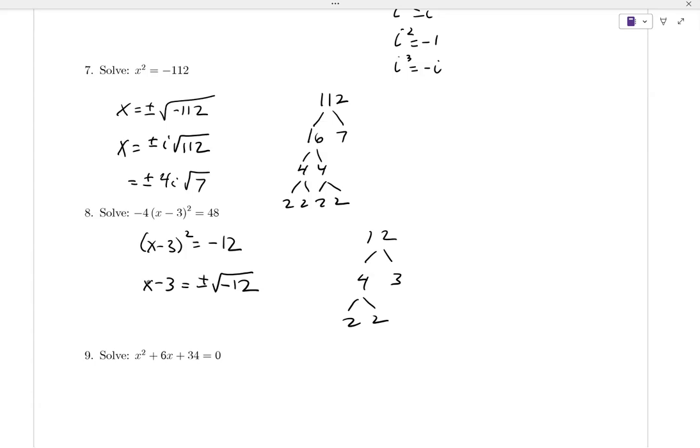And then simplify your radical. We have the negative under the radical, pull the i out. Break down our 12. So after we've got our 12 broken down, how can we rewrite the square root of 12?